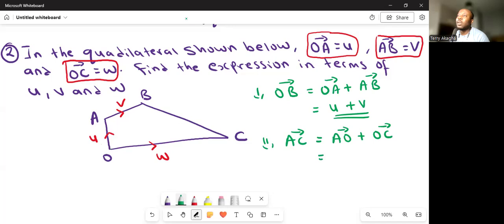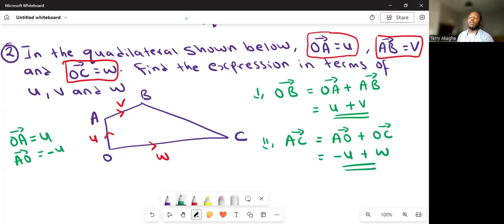Because we are going in the opposite direction to OA, and OA is equal to U, AO now is going to be equal to minus U. So remember I told you if you're going the opposite direction, it's going to be negative. So AO is going to be minus U plus OC, which is the same direction. So it's going to be minus U plus W.